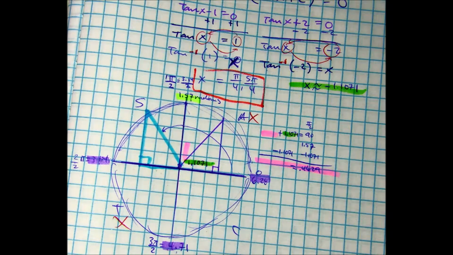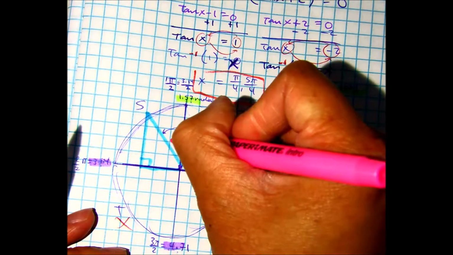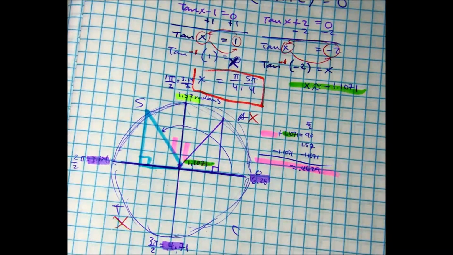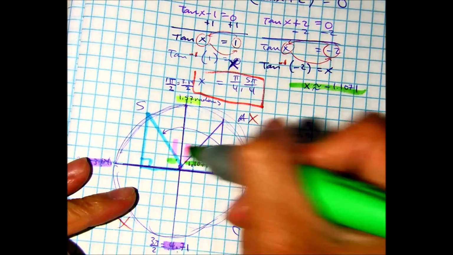Actually, no, I think the top of it. Marisol, where's the pink go? Inside or outside? Outside is correct. Our pink is 0.4629. And Marisol, where does the green go? Inside. Raise your hand if you got that.